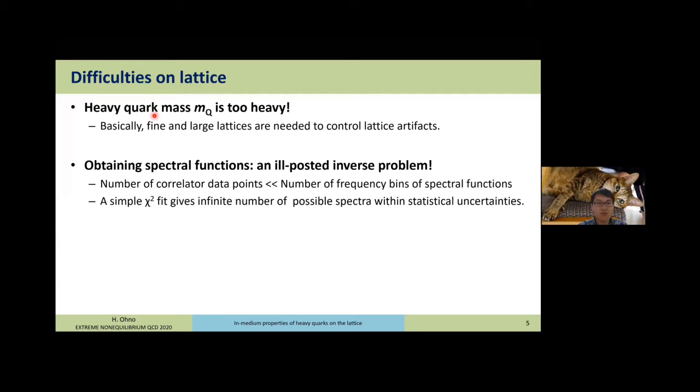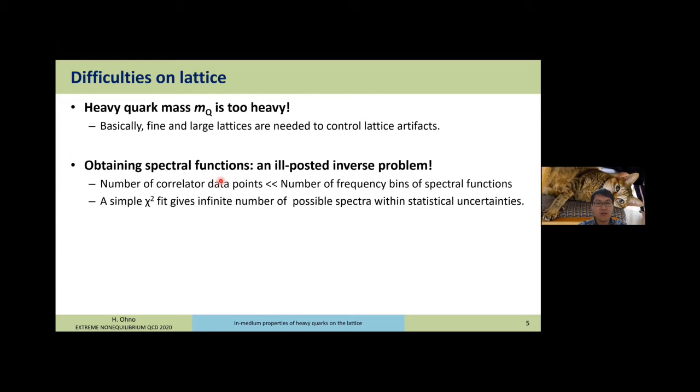Since the quark mass is very heavy, it is very important to have very fine and large lattices to control the lattice artifact, which needs very large computing resources.